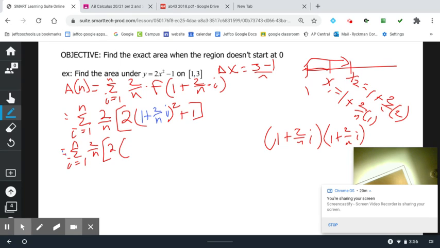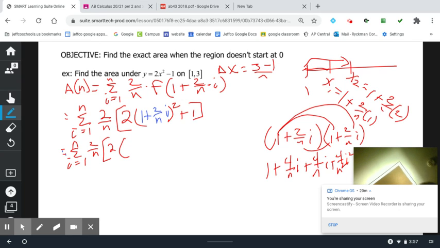You get 1 plus 4 over n i plus 4 over n i plus 4 over n squared i squared. So 1 plus 8 over n i plus 4 over n squared i squared.